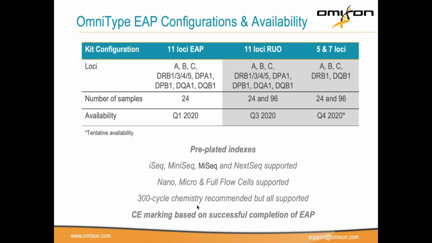We currently support this in 24 sample kits. We only provide that for the early access program testing. The 11 locus RUO kit, however, is going to be available in 24 sample and 96 sample configurations. We estimate this to be available in Q3 of 2020.